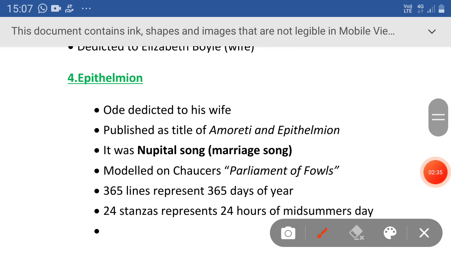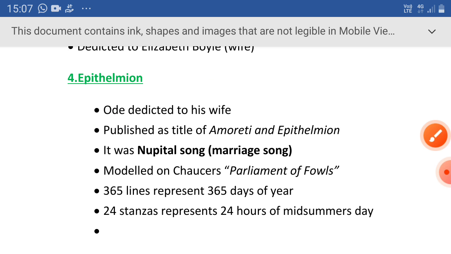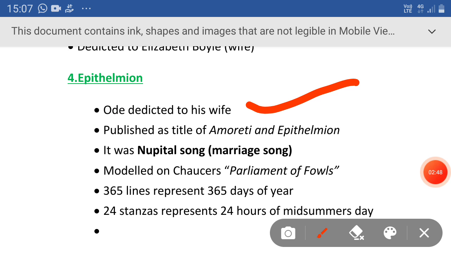Another work is Epithalamion. Epithalamion is an ode. It is an important point to remember that Epithalamion is an ode, and it is also dedicated to his wife, and it was published under the title Amoretti and Epithalamion.